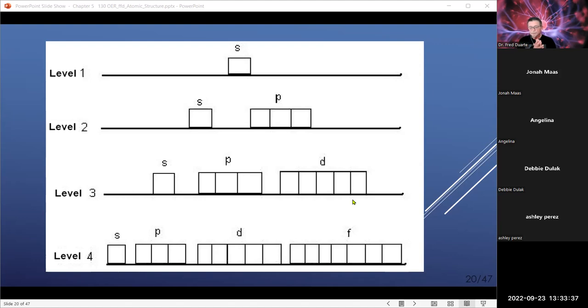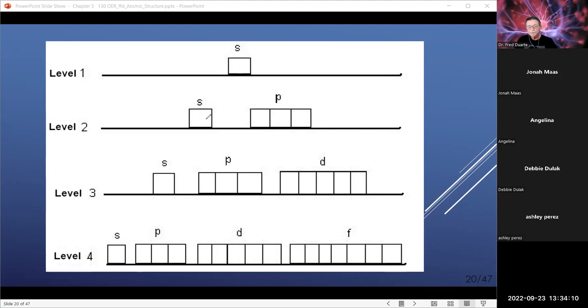There are 4 types of orbitals denoted by the letters S as in Sam, P as in Paul, D as in David, and F as in Fred. Those are the 4 different types of orbitals. There's only one orbital for the S. There are, however, 3 of them for the P in the 3-dimensional X, Y, and Z. We denote those by boxes.